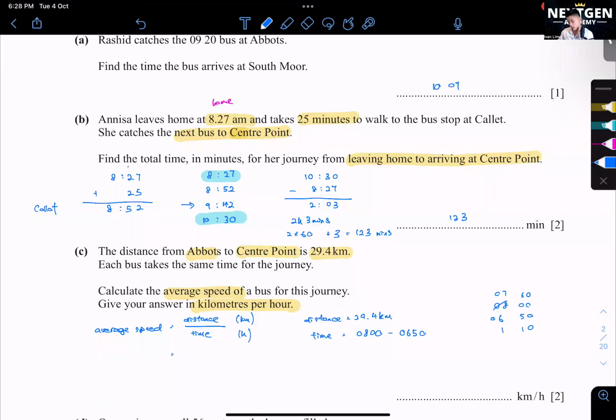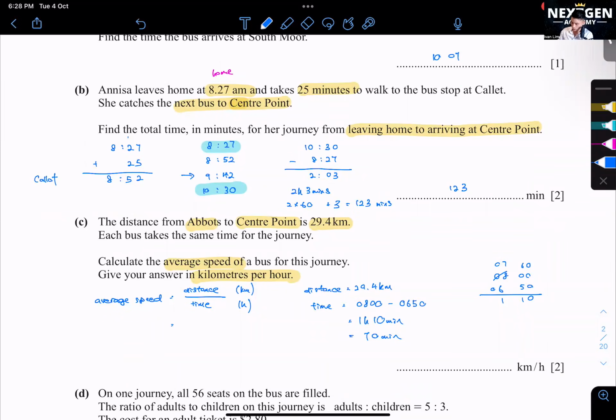We can change this to hours first, also can. Depends on how you want to calculate it. Or you can change it all to minutes first. This one is 1 hour, 10 minutes. You can change it to 70 minutes first. But actually changing it to hours will be easier.